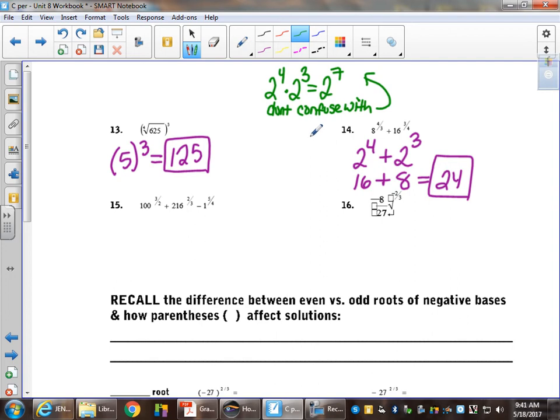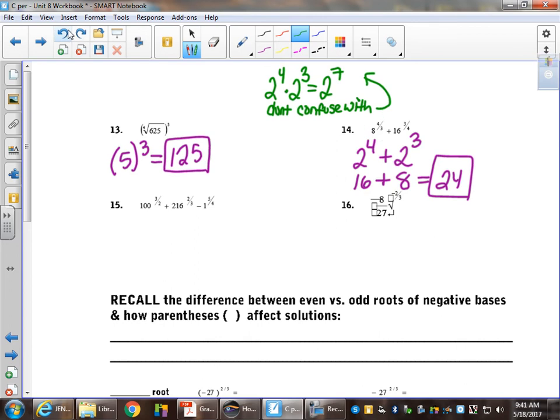Jeffrey, question for me? So for a second, I just pretended like this was all I was given. If that's all I was given, I look at the root first. What is the 3rd root of 8? 2. To what power still? The 4. So 2 to the 4th.